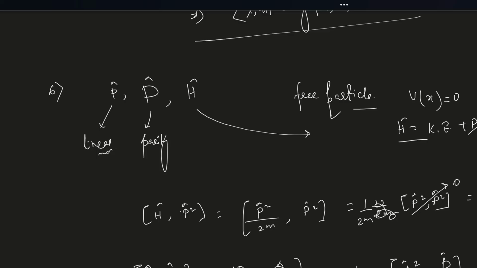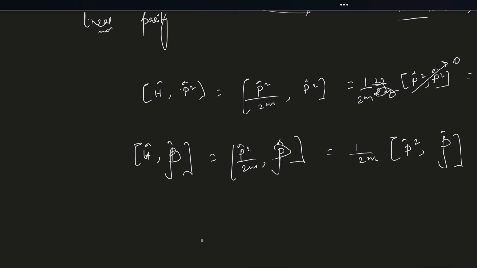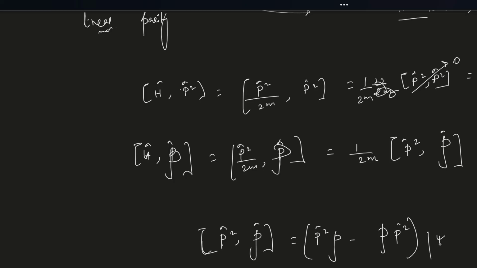Now whether this commutes or not, for that you can work out the commutator of the momentum operator squared and the parity operator. So this is basically p squared parity minus parity p squared, and let's say you are working on some state psi, which is psi of x basically.